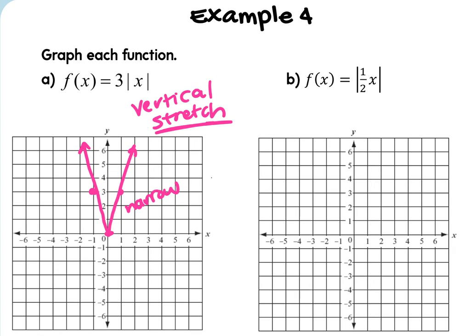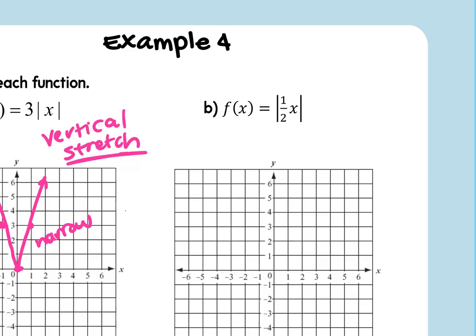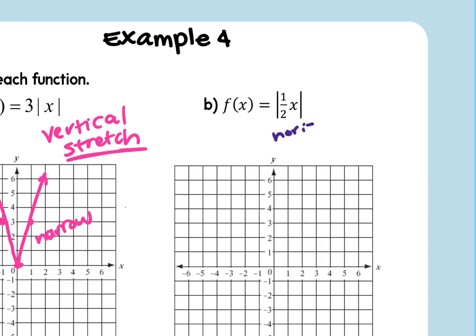Go to B. Now it's being multiplied inside. Inside causes horizontal. All right, and that 1/2 means horizontal what? Shrink or stretch? Shrink.